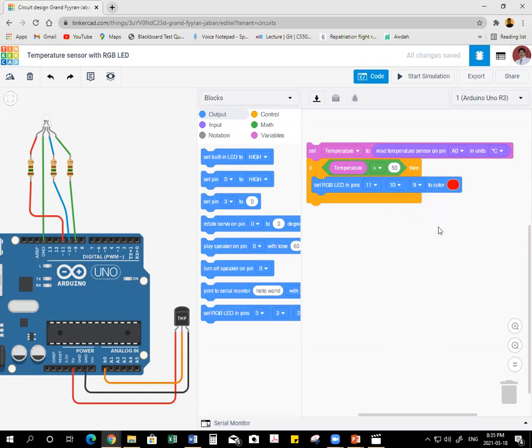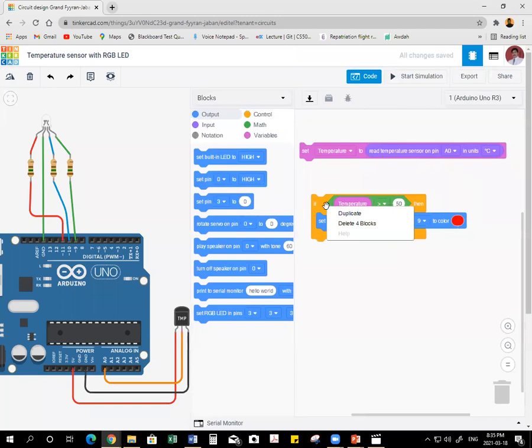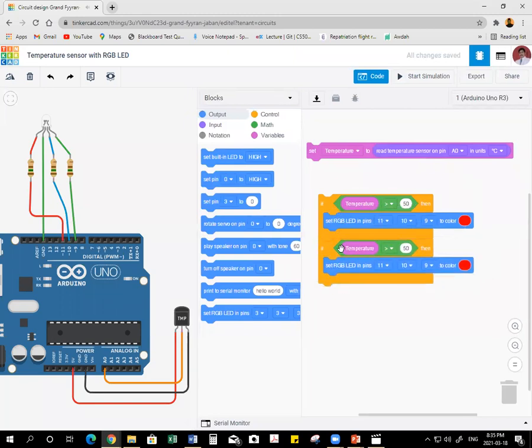Okay, now whatever condition, if the temperature is greater than 50, then the color should be red. So it shows hot condition. Now I can duplicate this and keep it here. Now it is less than 50, above and less than.